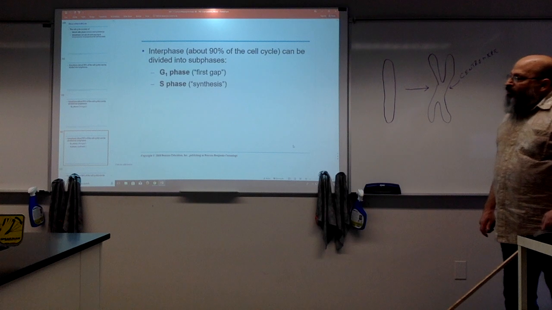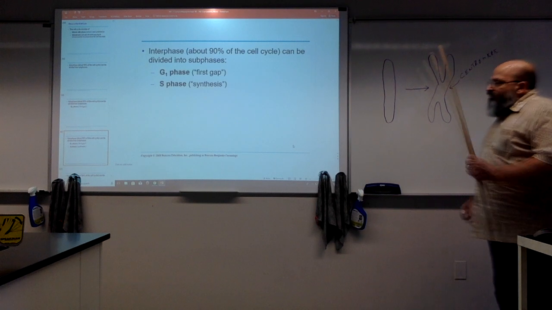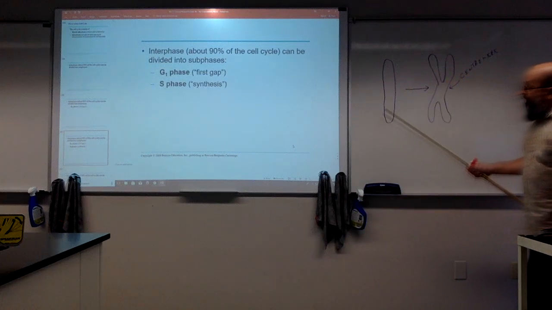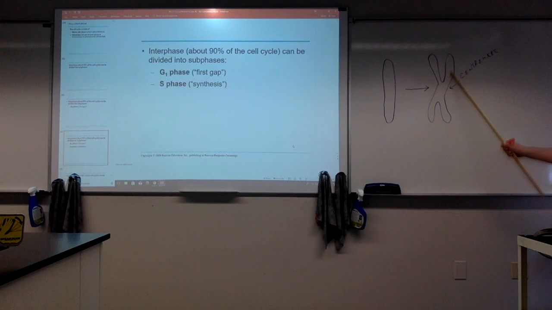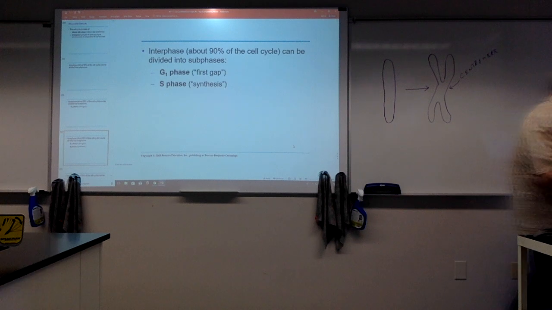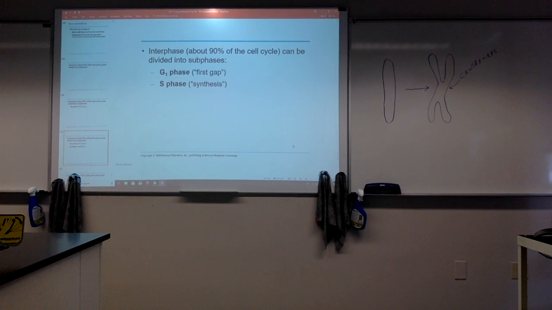Okay? So DNA is synthesized during the S phase, and if DNA is synthesized, then that is where sister chromatids are formed. So going from here to here occurred during the S phase. Okay? That's where sister chromatids are formed, during the S phase. DNA is synthesized.